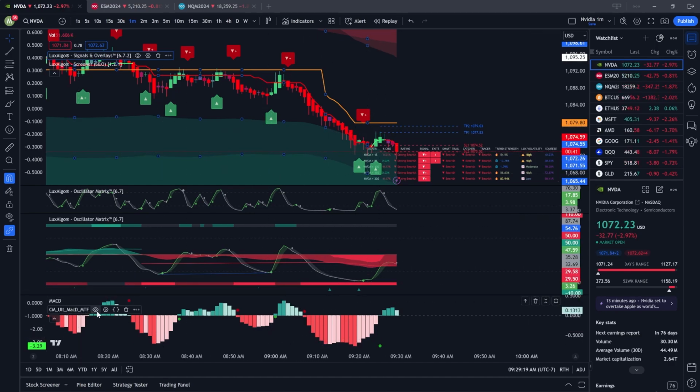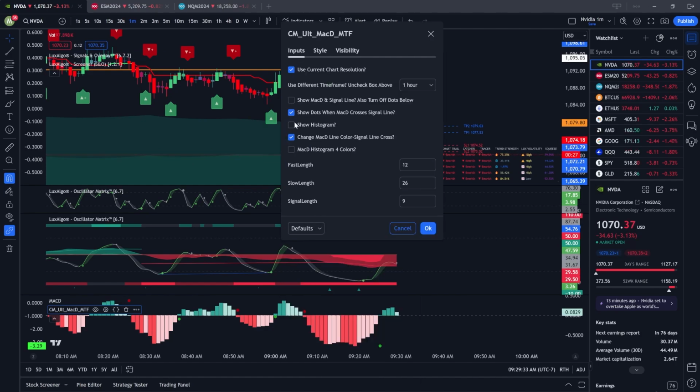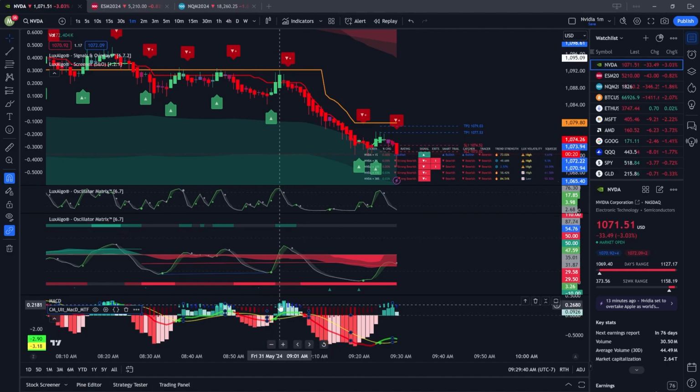I also added the Chris Moody Ultimate MACD, and I took everything off except for when the cross is on, because I noticed his indicator is exactly the same. The histogram is exactly the same as the generic MACD. I'll turn his on so it overlays it.